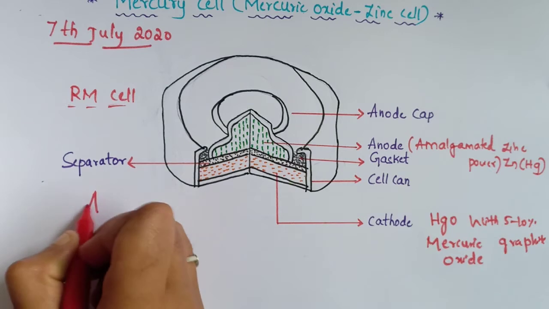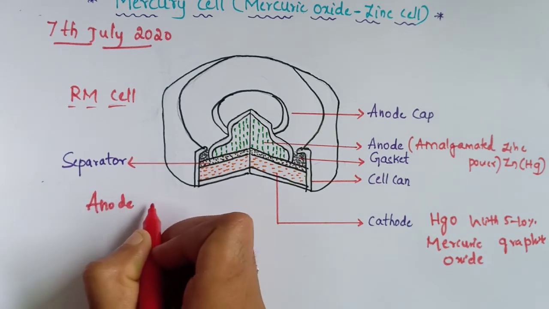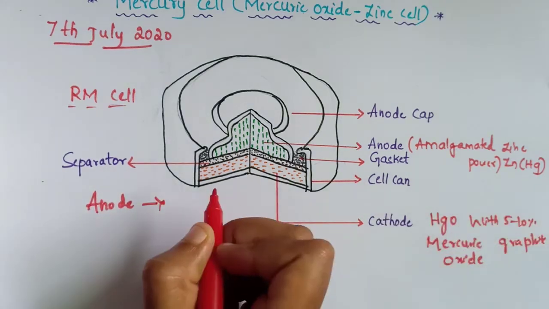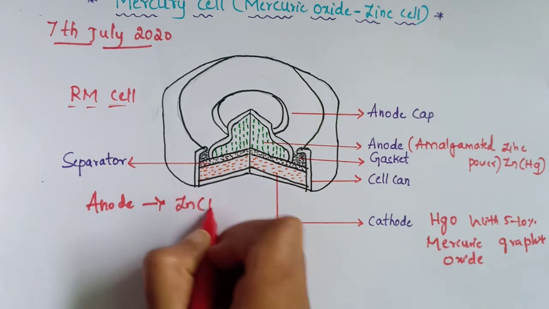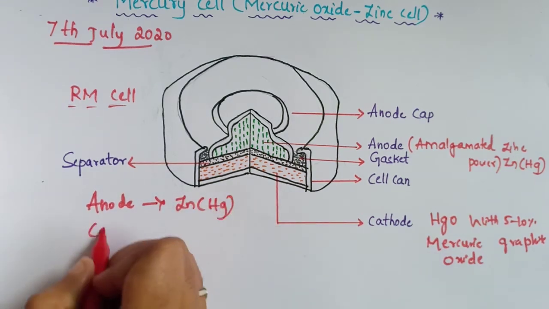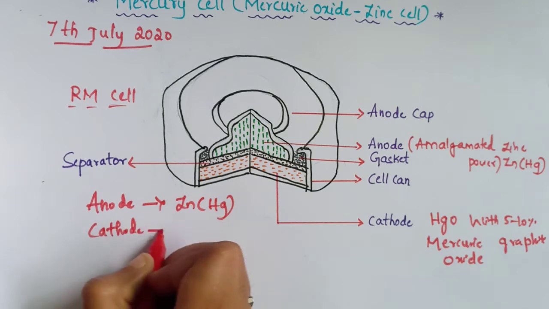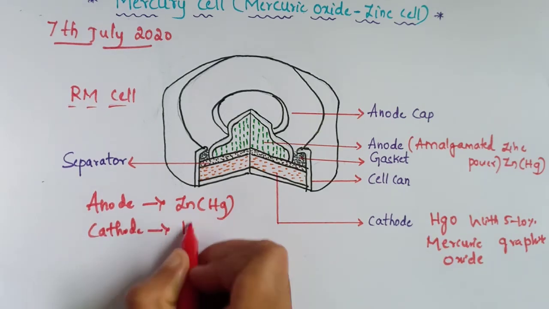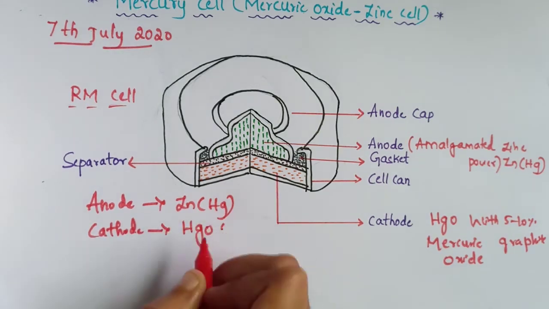Okay, let's write these points. Here the anode is amalgamated zinc powder, that is ZnHg, whereas the cathode is mercuric oxide, that is HgO.